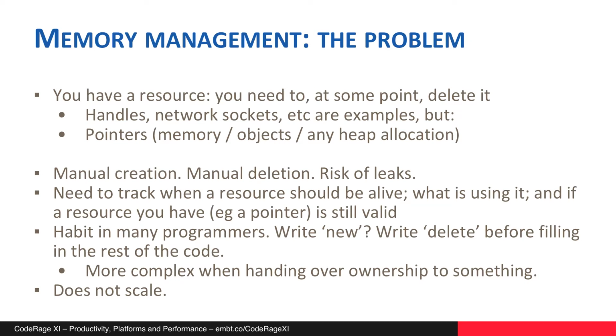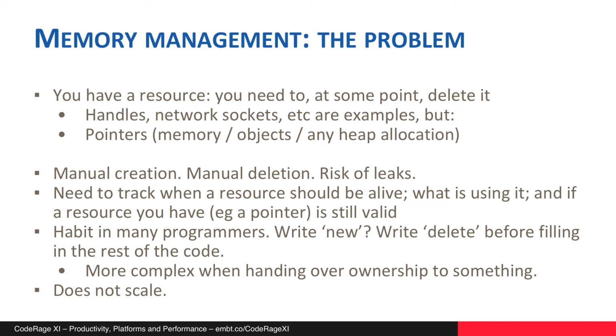The other problem with having a manual pointer is that you need to track when it should be alive, what's using it, and if a pointer that you have is still valid. So if you have a pointer and it has an address, it looks valid as it is pointing into memory, but how do you know that something else hasn't actually deleted it and you have an invalid pointer? And so these questions and also the manual tracking of deletion, such as always matching a delete to a new, are quite complex.